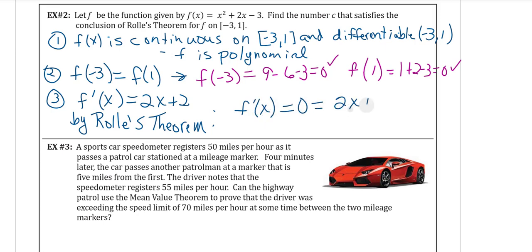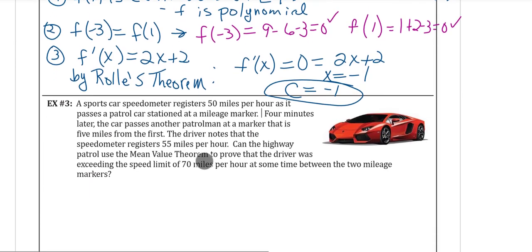So 2x plus 2 is going to equal 0, and I'm going to get that x equals -1. And that's my c. And we're done with that one.